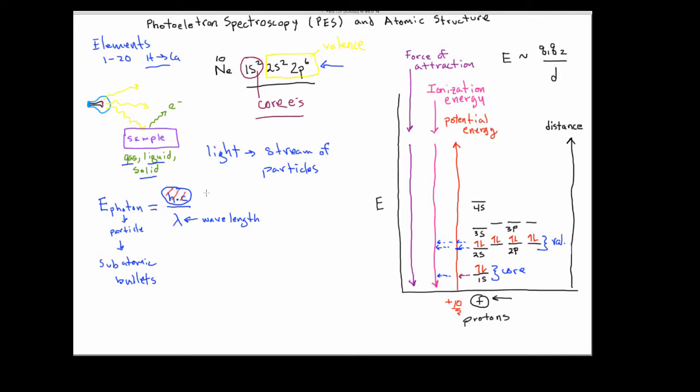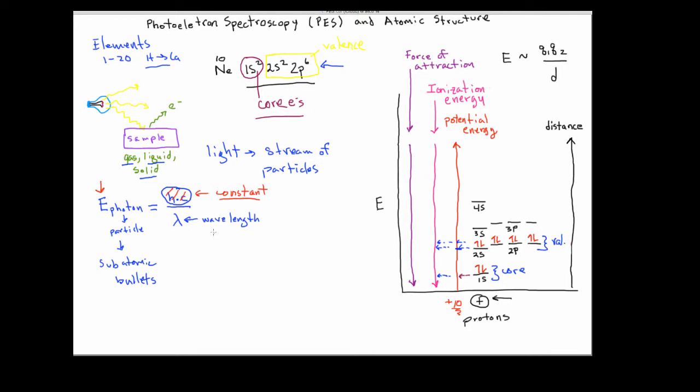What you need to realize is that this is simply a constant. So we can boil this discussion down to the following: light is a stream of particles. Each particle has a certain energy, which is proportional to a constant over the wavelength of the light. Said another way, the energy of these particles is proportional to 1 over the wavelength.